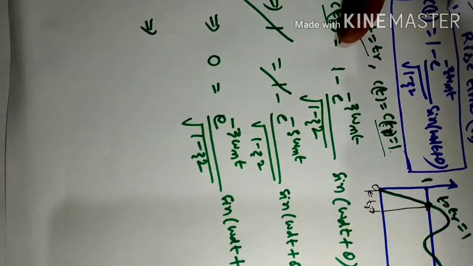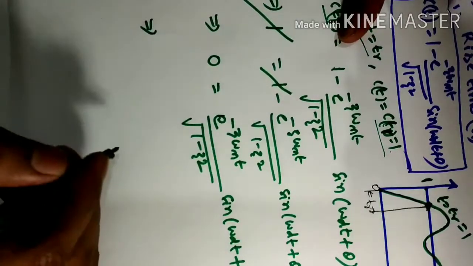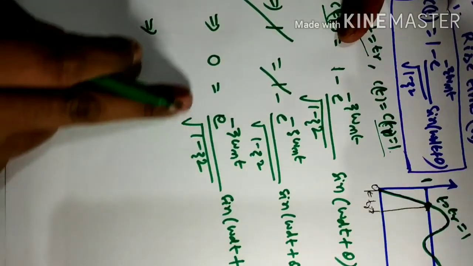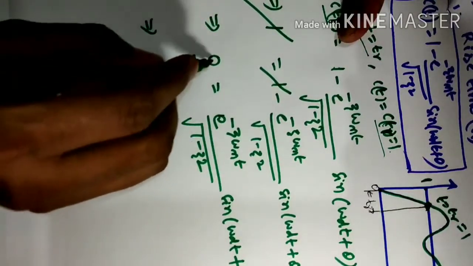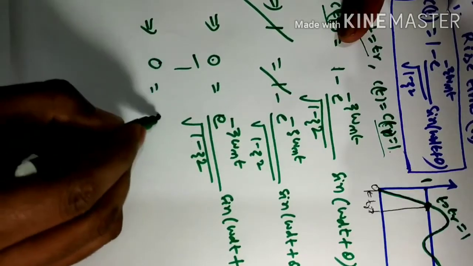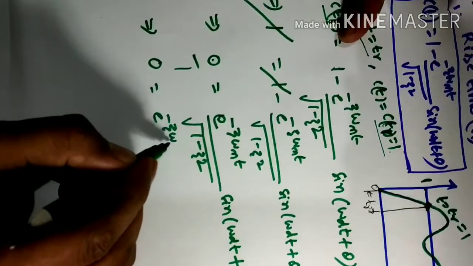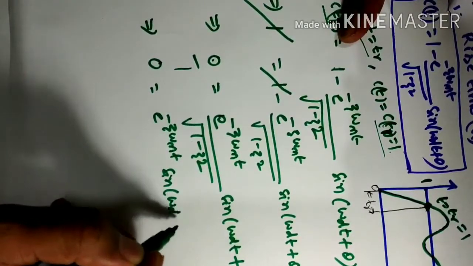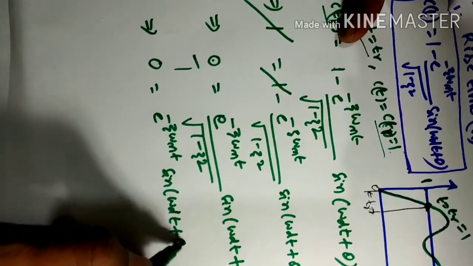So now see here, this one also we can send this side, so root of 1 minus zeta square we just cross multiply, 0 into this value becomes 0, so 0 is equal to e raised to minus zeta omega n t sine omega d t plus theta.